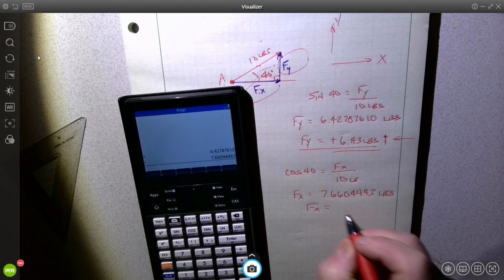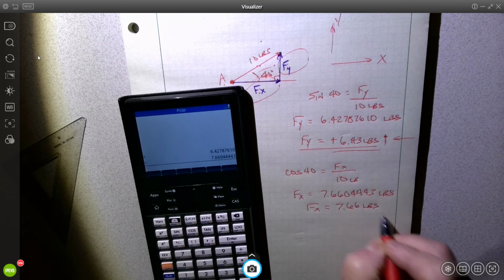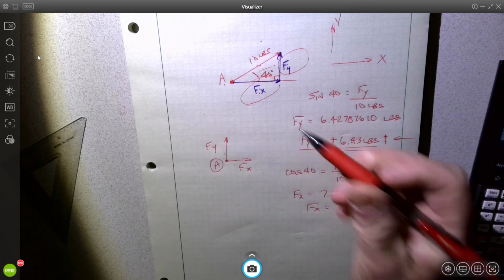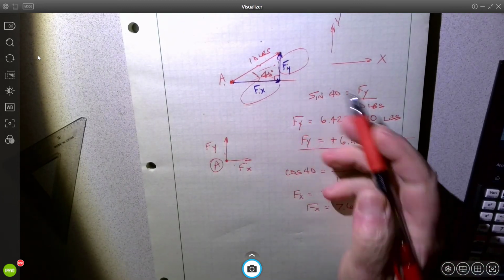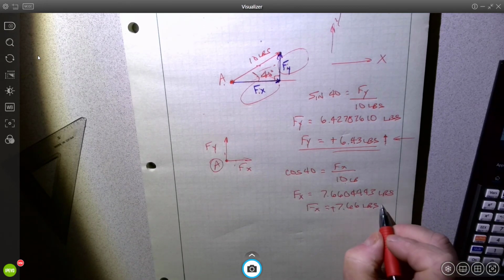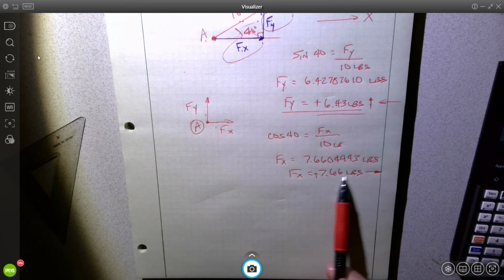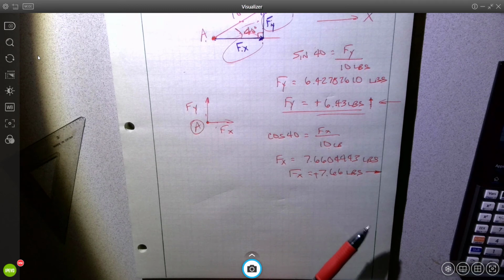Fx equals 7.66 pounds. And is my x going positive or negative? It's going positive. I could put a plus, but I like to notate it with a little vector over there to remind me that this component is going positive to the right.